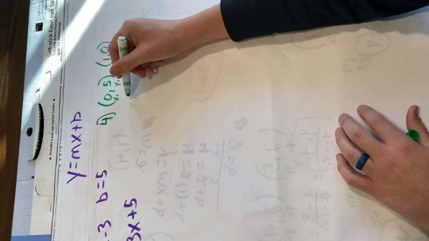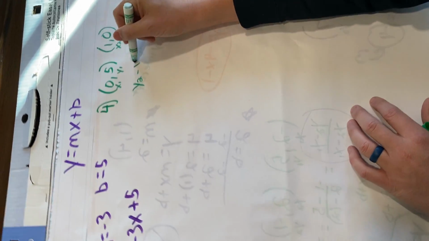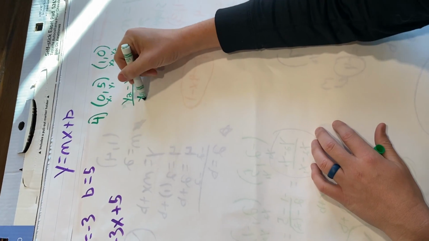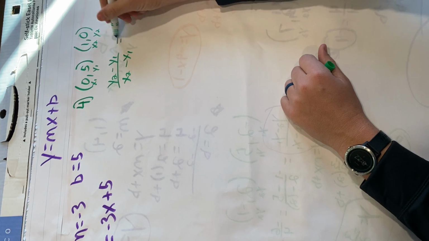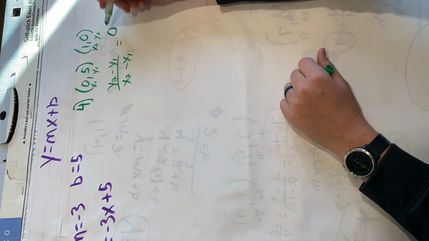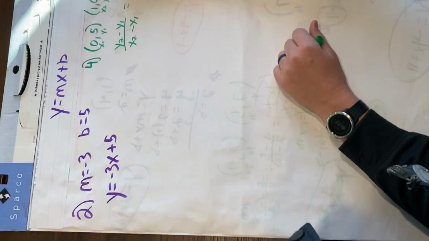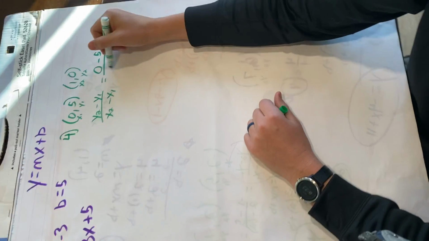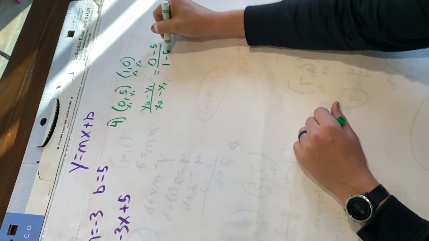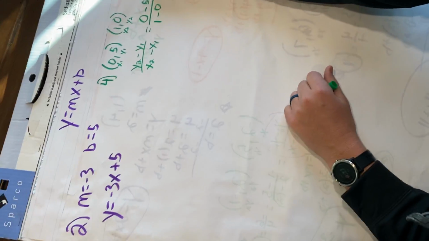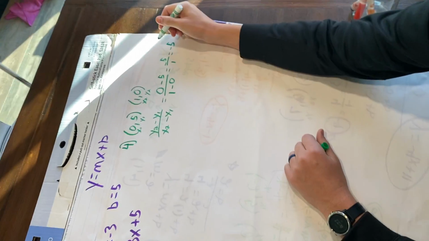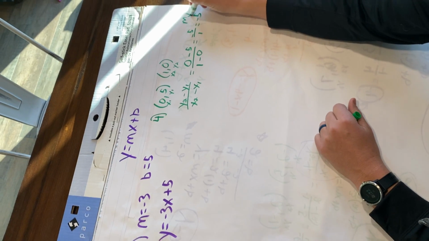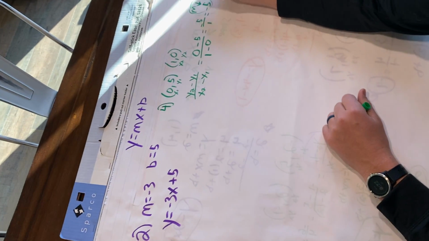We need y2 minus y1 over x2 minus x1. So y2 is 0 minus y1, which is 5, over x2, 1 minus 0, so it's going to be -5 over 1, which we know simplifies to -5. So that is our slope here.